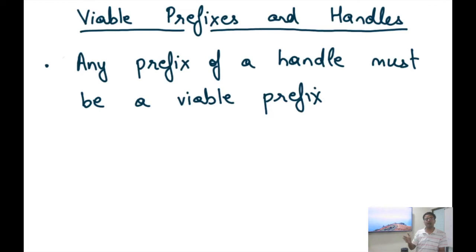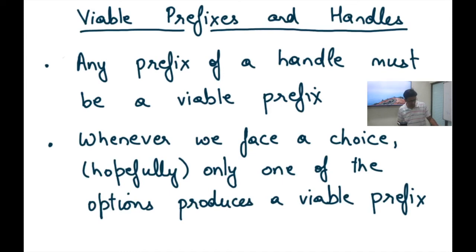So whenever we reach a handle in a shift-reduce parser, we should reduce. And in both cases, any prefix of that is a viable prefix. That's just by definition, because if I can derive the handle, then the prefix of that handle is also something that appears in that particular step in a rightmost derivation. So any prefix of a handle must be a viable prefix, just by definition.